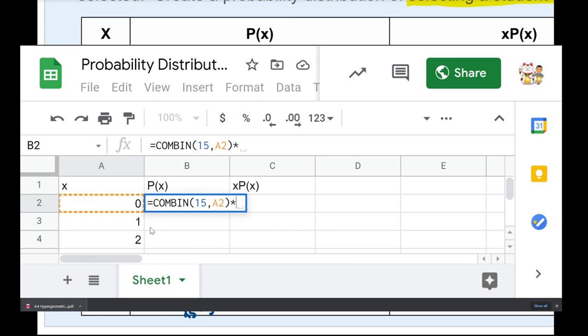We're going to multiply this by another combination, 10, comma, and here's where it gets a little bit tricky. It's going to be 5 minus X, because remember that part changes.